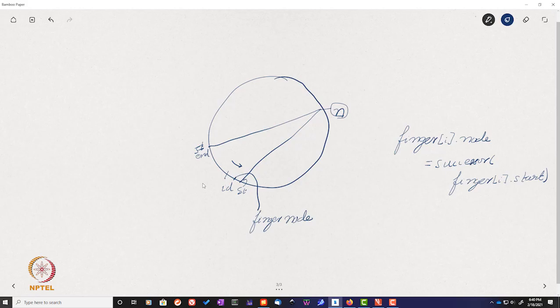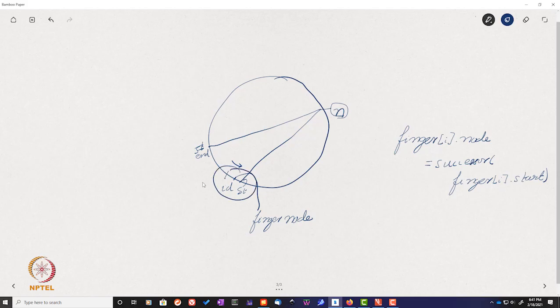From here I can immediately reach here, which is the best information that I have about ID. So I can look through all my finger nodes and find the closest preceding one, which means that out of all my finger nodes, this is the one that is closest to it and precedes it. This I can do very easily. I just need to search within my finger table. Node n needs to do that.